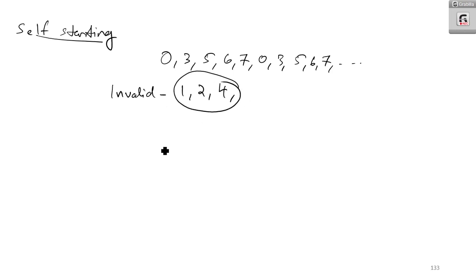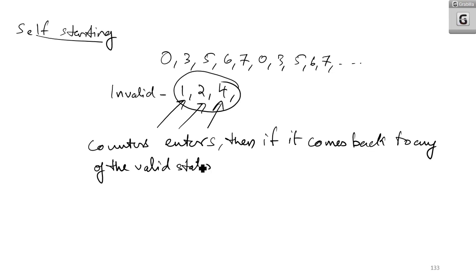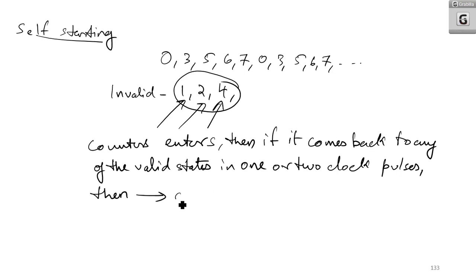Now, once the counter enters these invalid states 1, 2 or 4, if it comes back to any of the valid states in one or two clock pulses, then we can say that the given counter is self-starting.